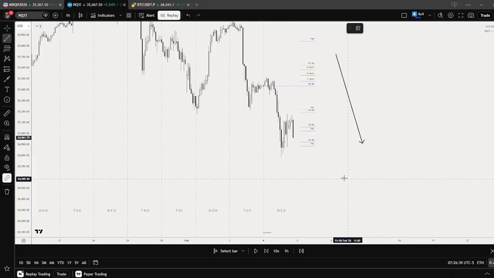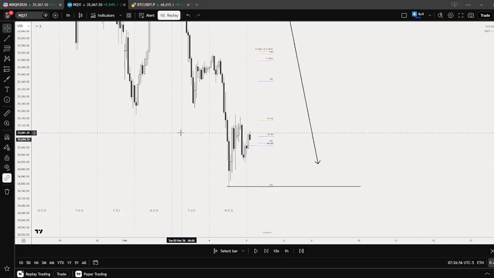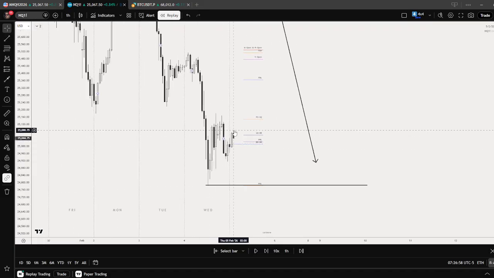This example, PM low. So let's see what happens. Okay, we have a new day. We have a beautiful open, high, low, close day right now. Take a look at this fair value gap, very important.